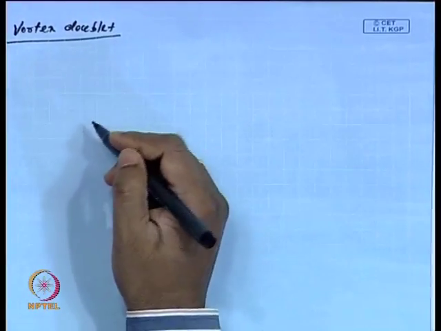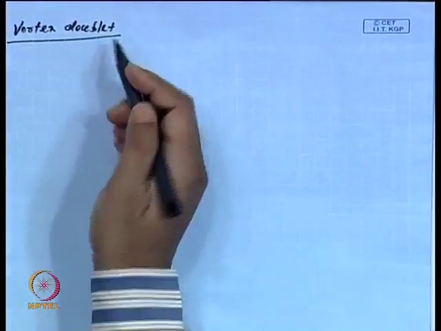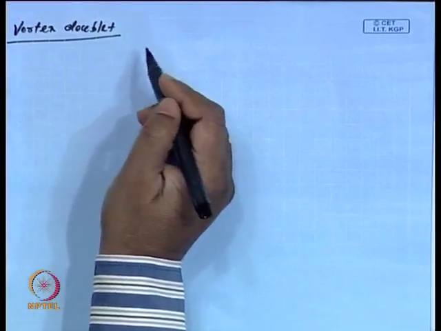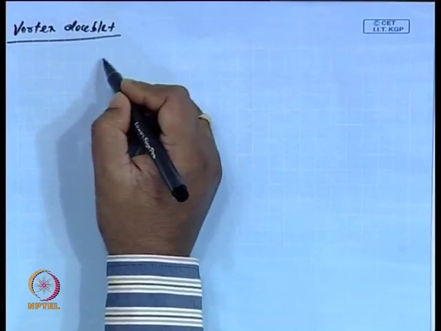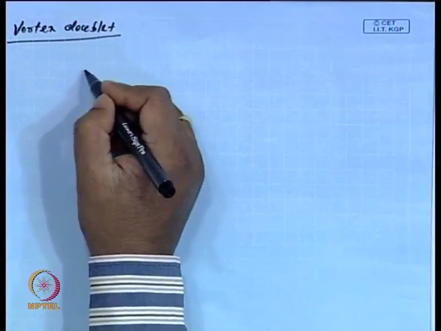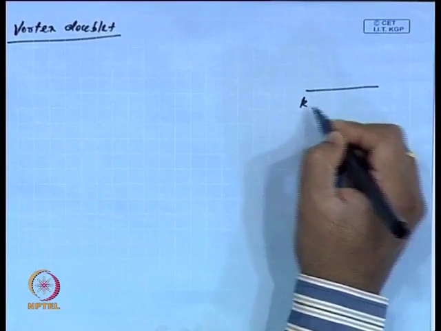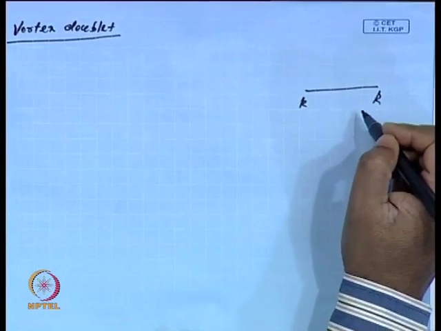This is a vortex doublet. Unlike a source, we have a pair of vortices. Suppose I consider a pair of vortices, one of strength k and another of strength minus k.